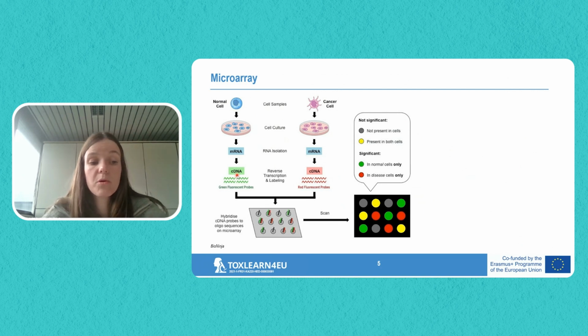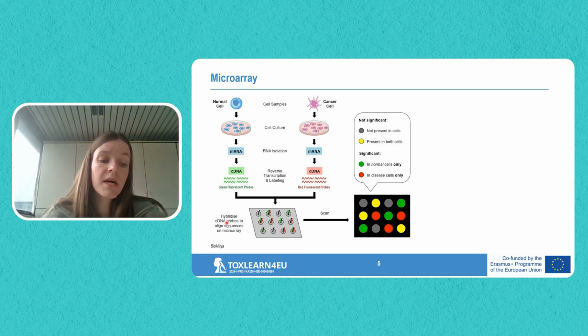This stands for complementary DNA, and we will see later what this means and how this reverse transcription specifically works. But what's important here is that the cDNA of the first sample is labeled with a green fluorescent probe. The cDNA sample from the cancer cell, in this case, is labeled with a red fluorescent probe.